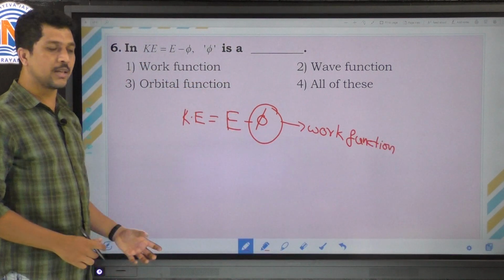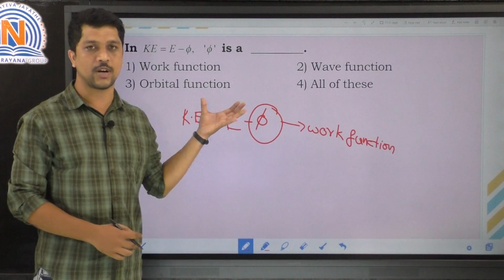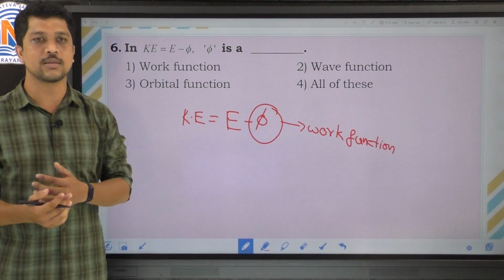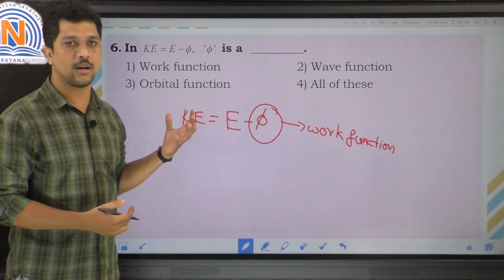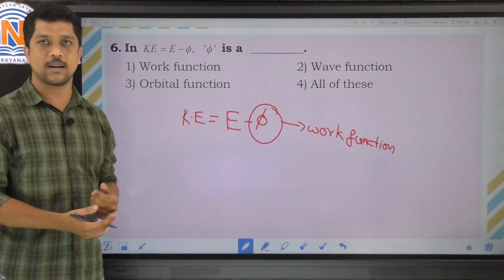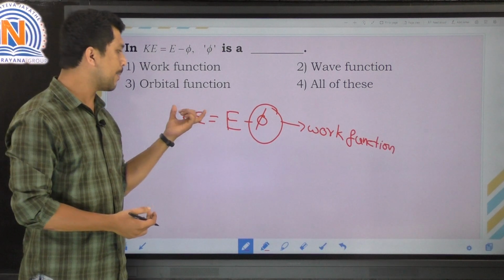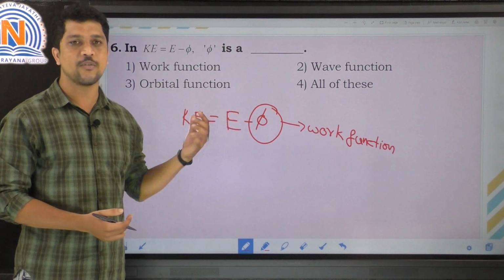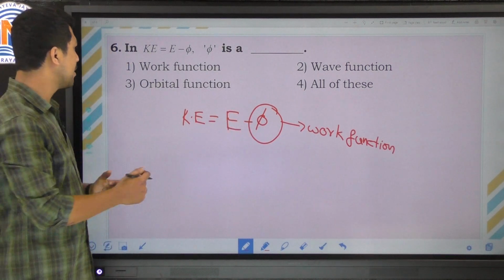Generally we know that work functions are indicated with phi or psi in quantum mechanics, right? So in this formula, E minus phi, the phi is the work function. So the correct option is the first option.